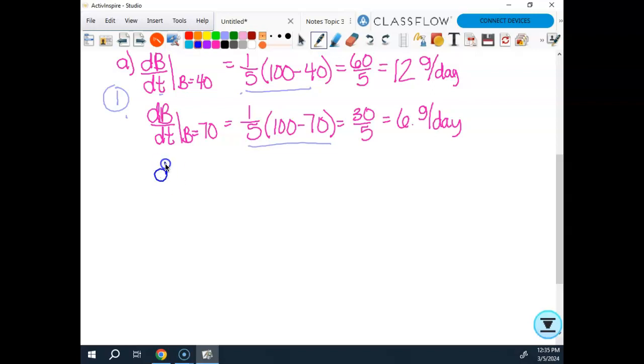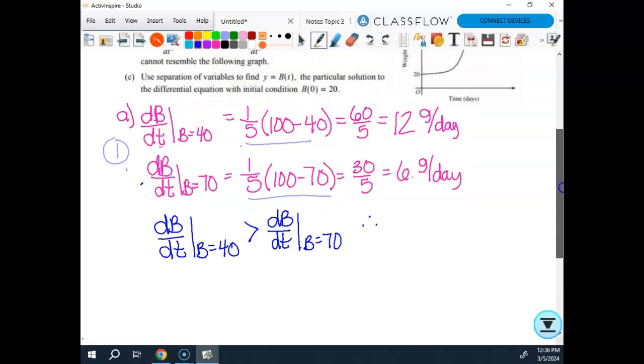But if we say that dB/dt evaluated at b equals 40 is greater than dB/dt evaluated at b equals 70.